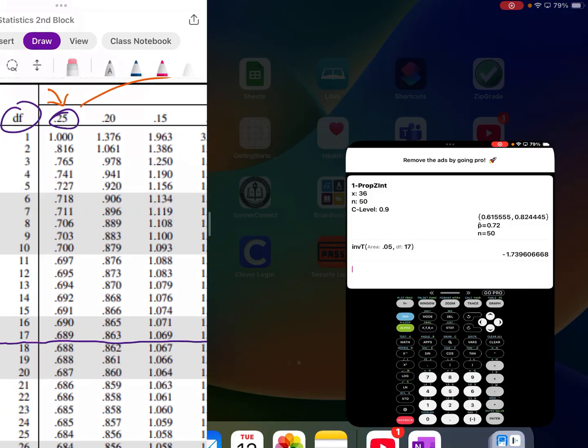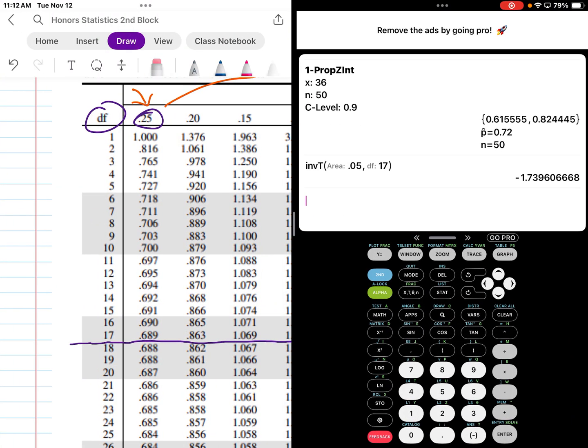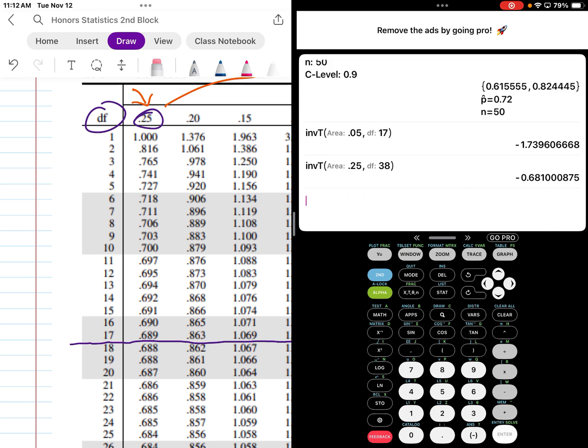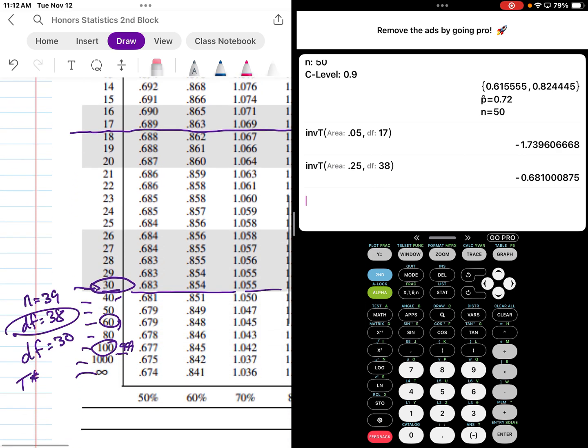So if I go back in and do a second inverse T, and then my area is 0.25, comma, 38 degrees of freedom, and hit enter. Now when I look at the comparison, on the paper it says 0.683. On the calculator it says 0.681. That thing being off by 0.002 can affect things as we use it for other calculations.